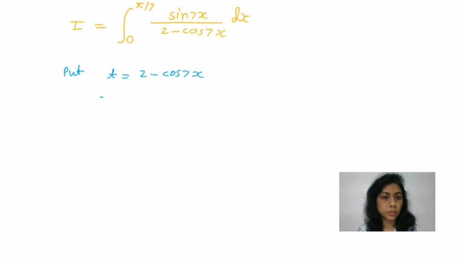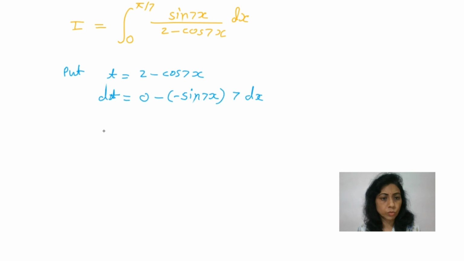So dt is equal to, and this is constant, so 0 minus, when we differentiate cos 7x we get minus sine 7x, and using the chain rule, when we differentiate 7x we get 7 dx.